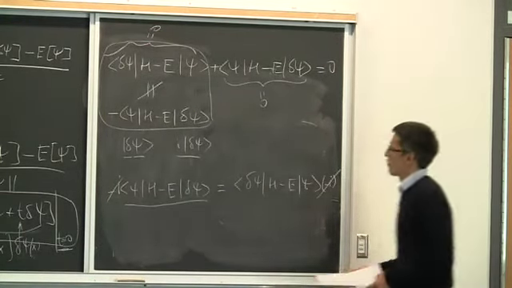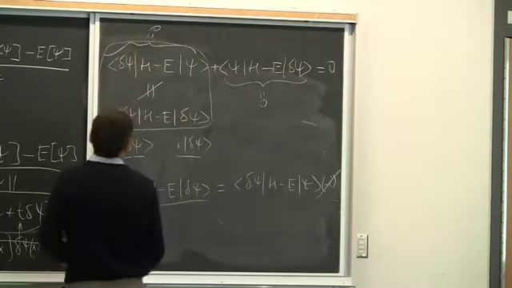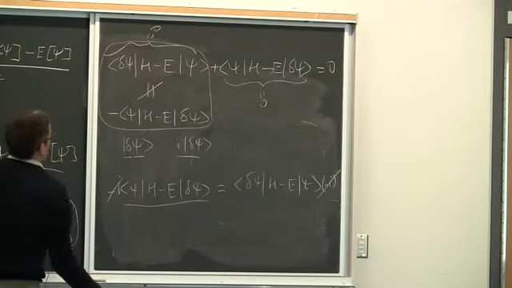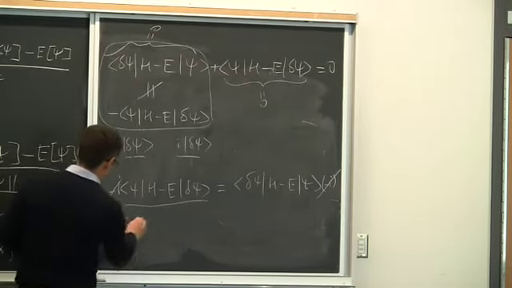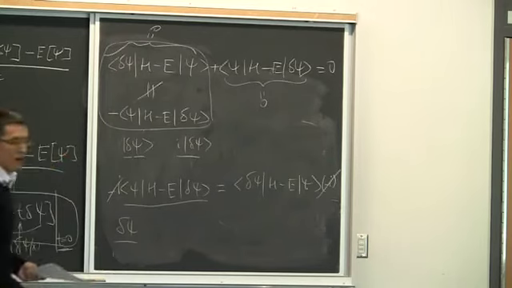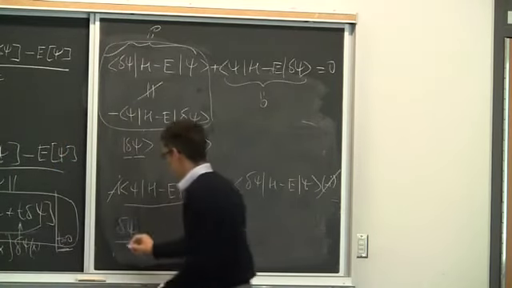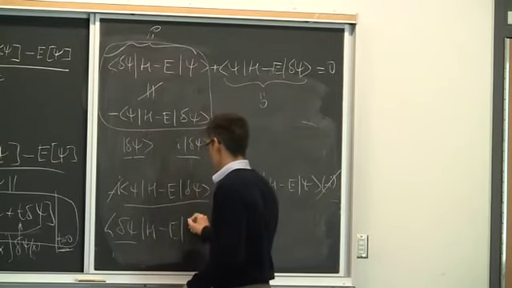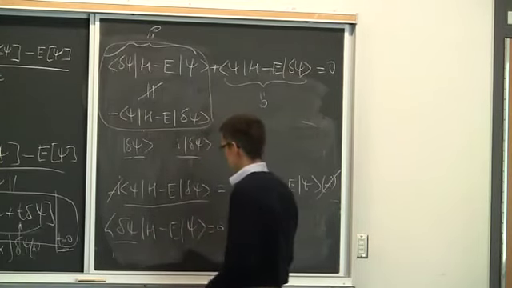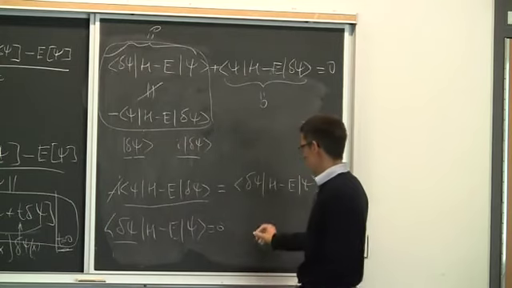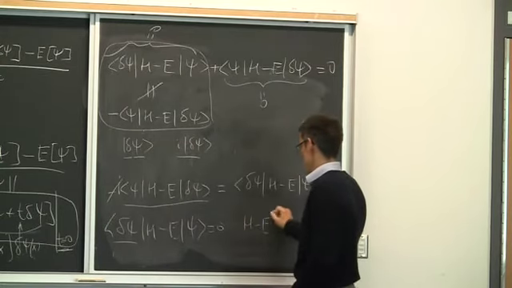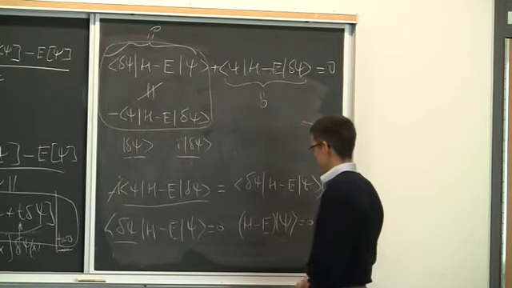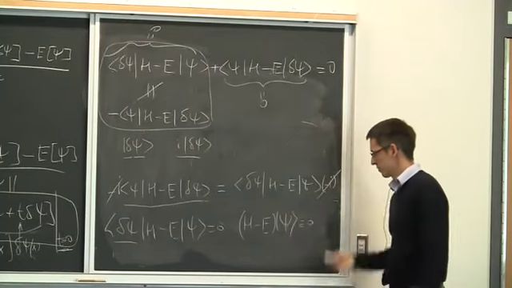Now, if both terms are equal to 0 independently, then we can work with any of these. And since delta psi is completely arbitrary, for, say, delta psi h minus e psi to be 0, what we need is h minus e psi to be 0 identically, right?